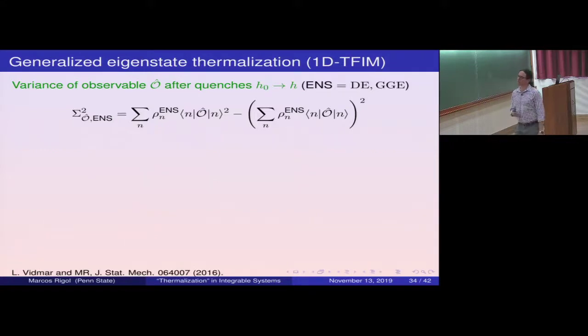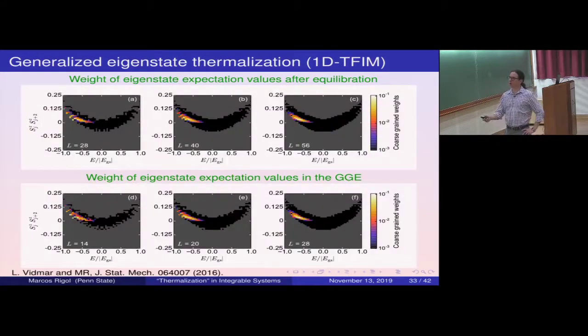What I said was that the overwhelming majority of the states contributing, which are exponentially many, all have the same expectation value. This is the GGE entropy, here is the GGE and here is the diagonal. The other ones are subdominant, they are much smaller.